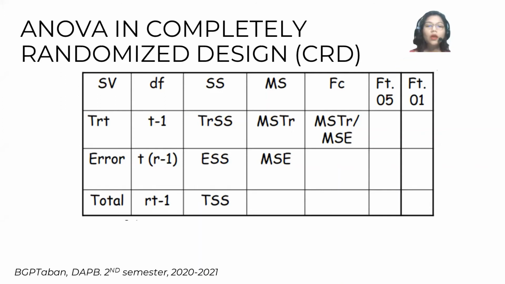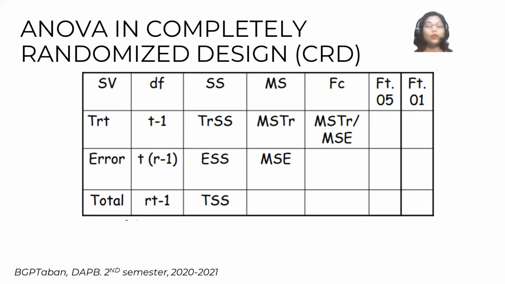First column is the source of variation (V), then DF, sum of squares, mean squares, FC, F-tab at 5%, F-tab at 1%. Okay? So, TET also. For the ANOVA of CRD, just TET. What is TET?